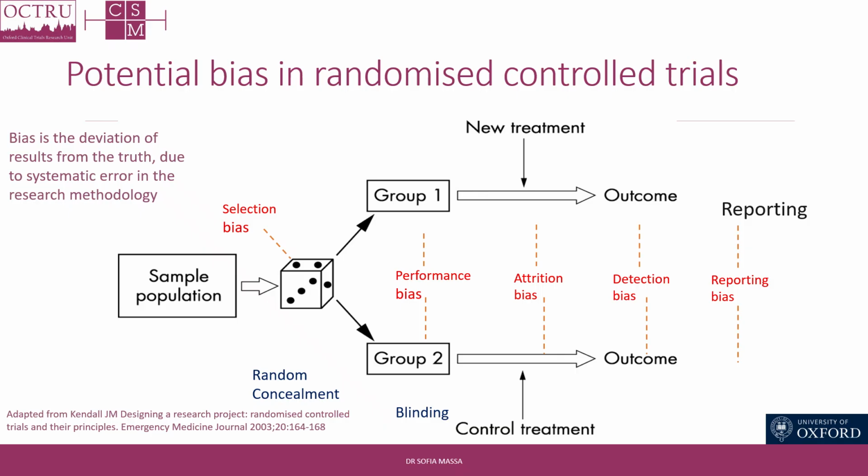For attrition bias, we can monitor the withdrawal rate in the two arms of the trial, or for example, give incentives to the participants for them to stay in the trial. For detection bias, we can think about performing blinded assessment, so the clinicians are blinded to the randomized group in which the participants are. And finally, for reporting bias, the approach is to pre-specify the analysis before having finished collecting the data and starting the analysis.